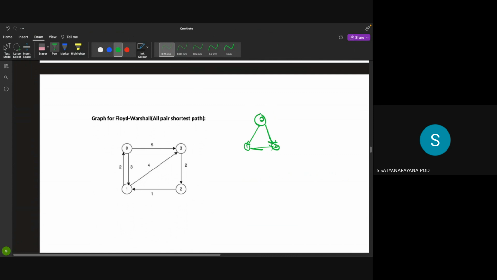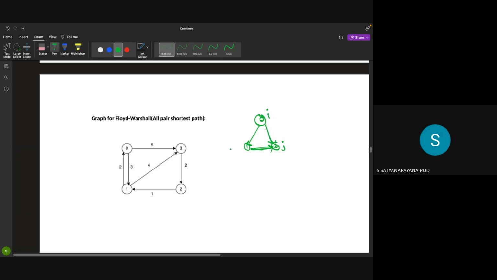I want to check the reachability from I to J. Say it's a directed graph, so 0 to 1 is there, 1 to 2 is there. Are these directions clear?